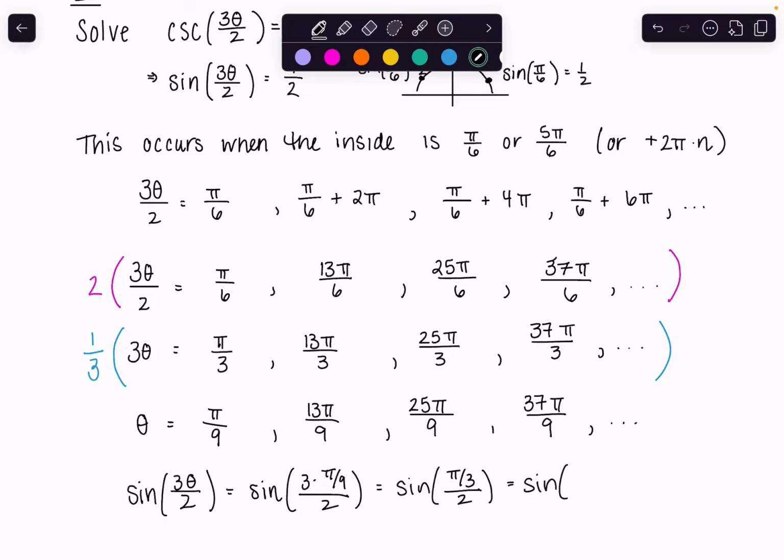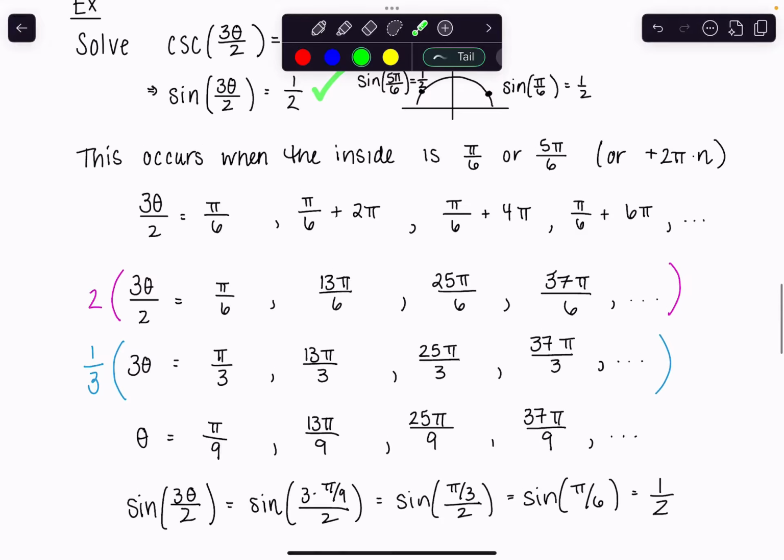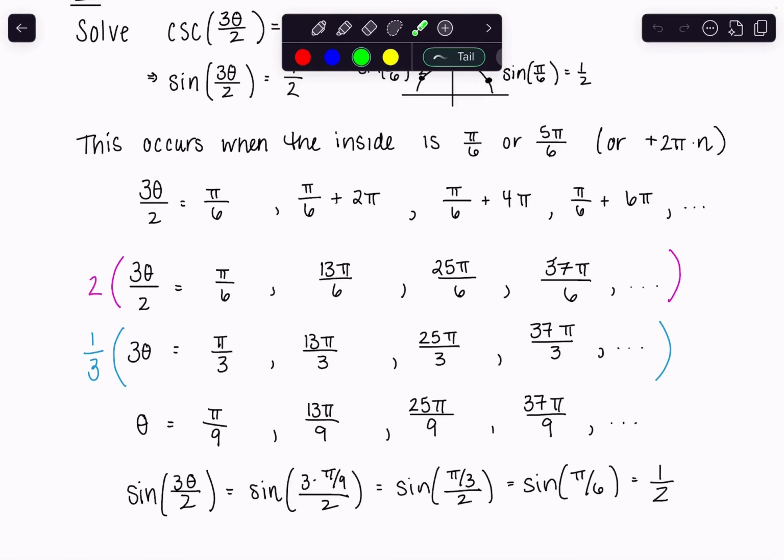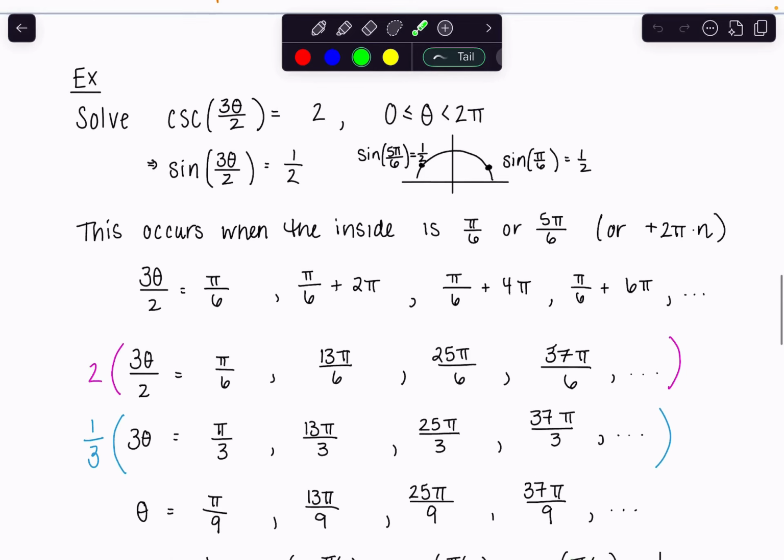That gives you sine of pi over 6, which indeed is a half. So that solves this equation, okay? So again, if I plugged in any of these, it would work and give us sine of an angle equaling a half. But I only want the angles between 0 and 2 pi.